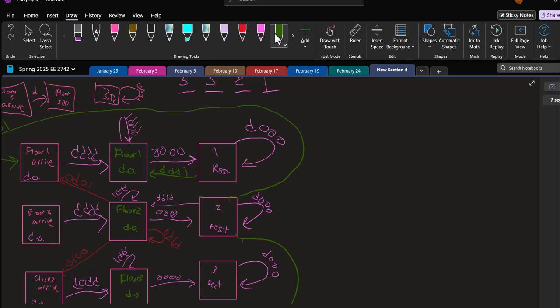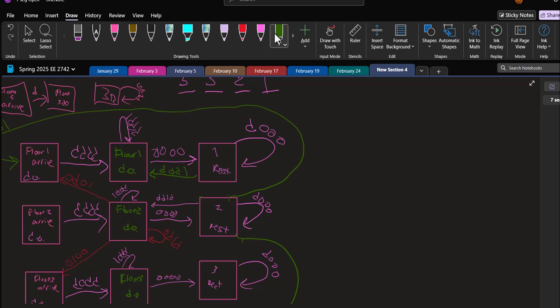Now, if floor 2 and floor 3 are both selected, this time, does it make sense to give one of them priority over the other? Yeah. So if floor 2 is selected and floor 1 is not, then it should go to floor 2 regardless of what floor 3 does.